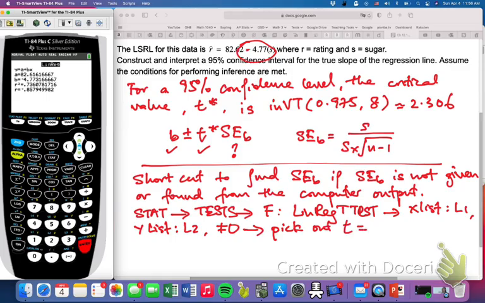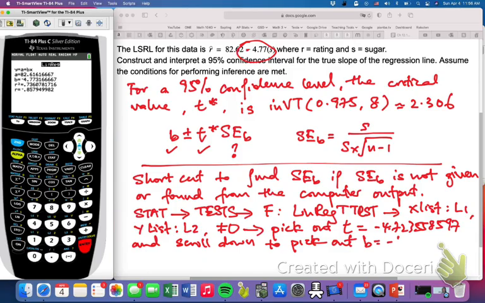Then you pick out the T, which is negative 4.723558.597, and scroll down further to pick out the B, which is negative 4.77, which we already know. Then you use this formula: B divided by T gives you the standard error of the slope, which is 1.0105.